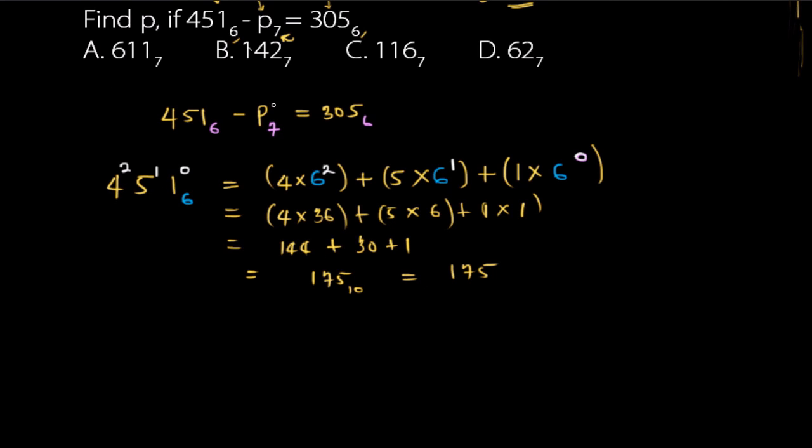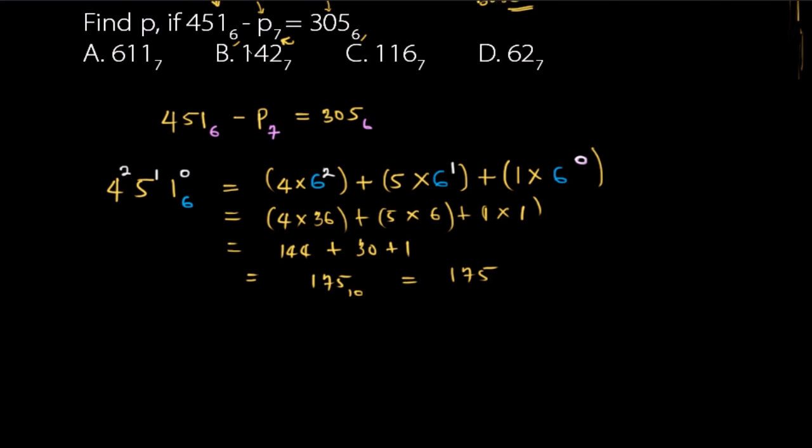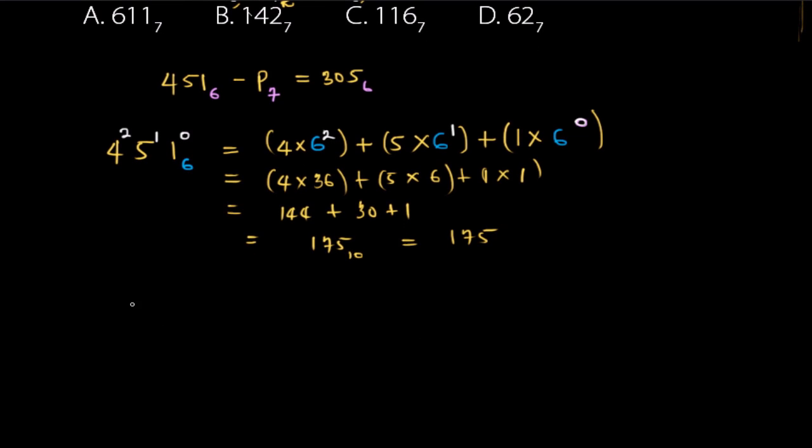So let's go ahead and convert p in base 7 to base 10. So we have p to the base of 7, and we want to convert this to base 10. How do we do this? Like we said, we always start with 0.